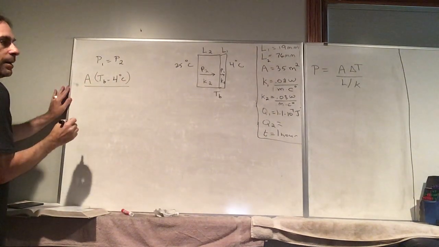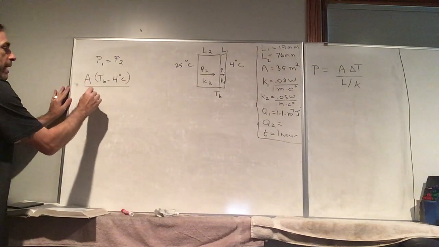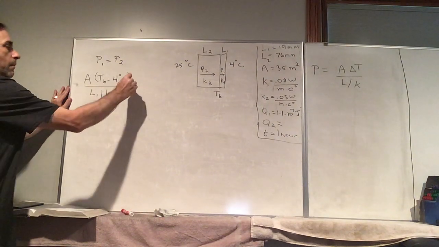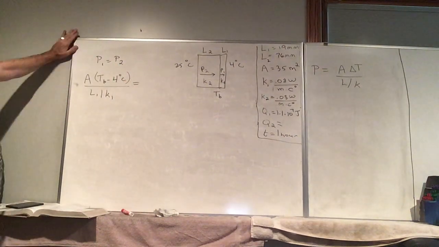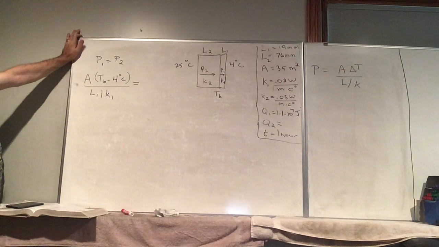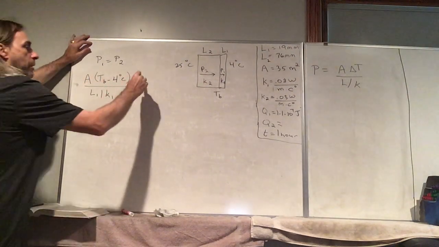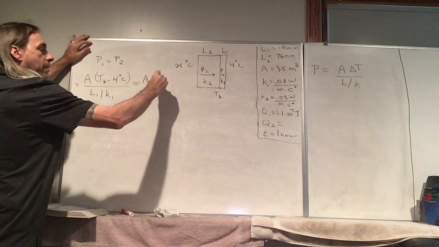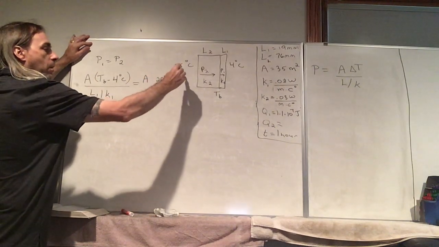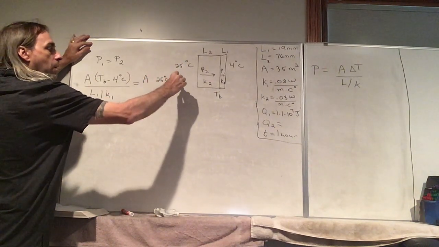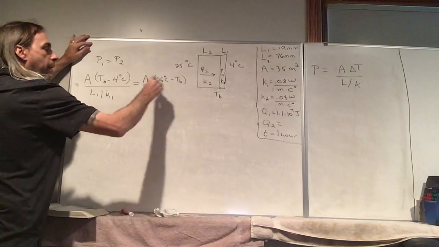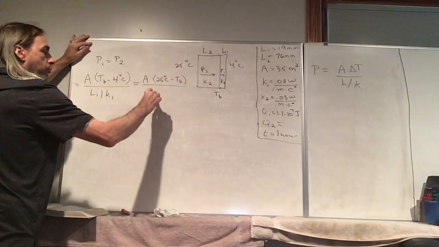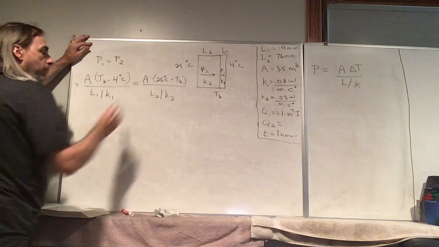And then we divide by L1 over K1. And that's going to equal P2, which is what I wrote down before, or started to. So we go T hot minus T cold. And then we divide by L2 over K2.